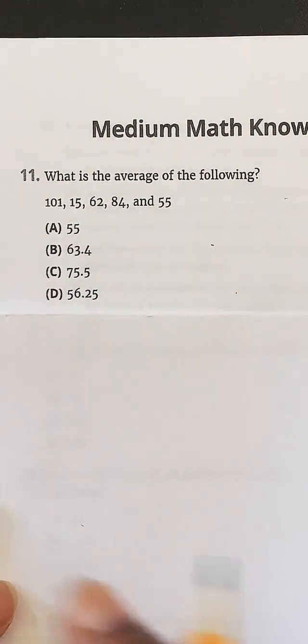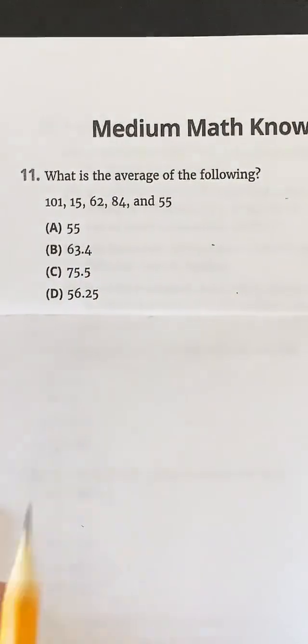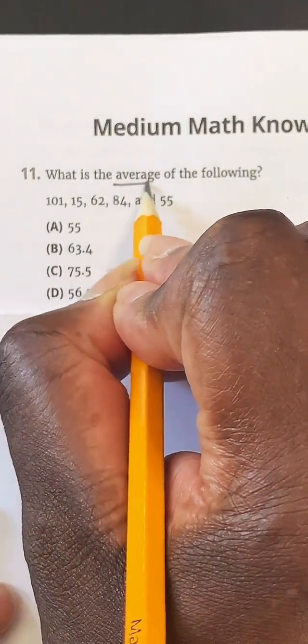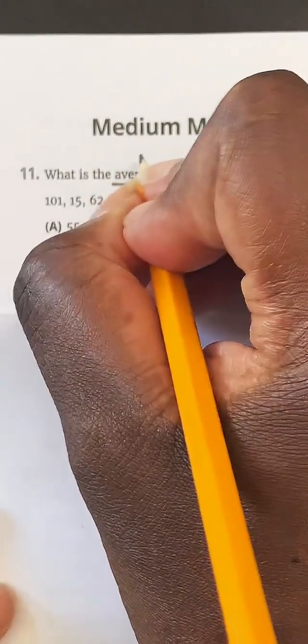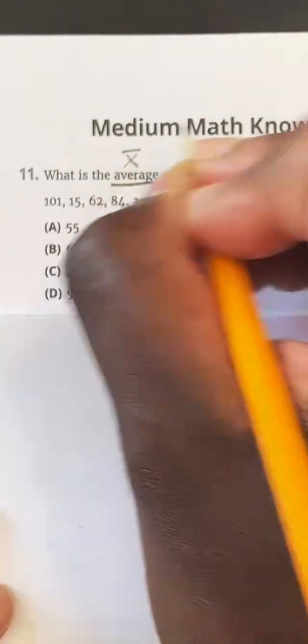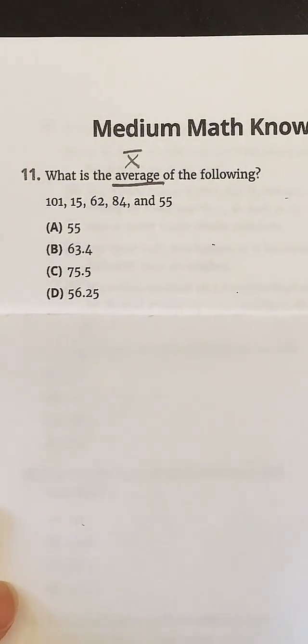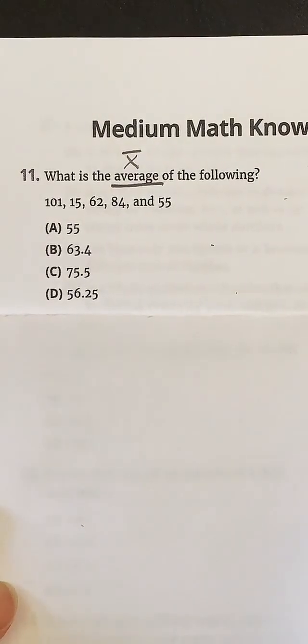All right. So let's take a look. Number 1, it's the average. Average means the mean. Remember, everyone says mean, median, mode, and then you start throwing range in there. Range is not a measure of central tendency. It's just your mean, your median, and your mode.